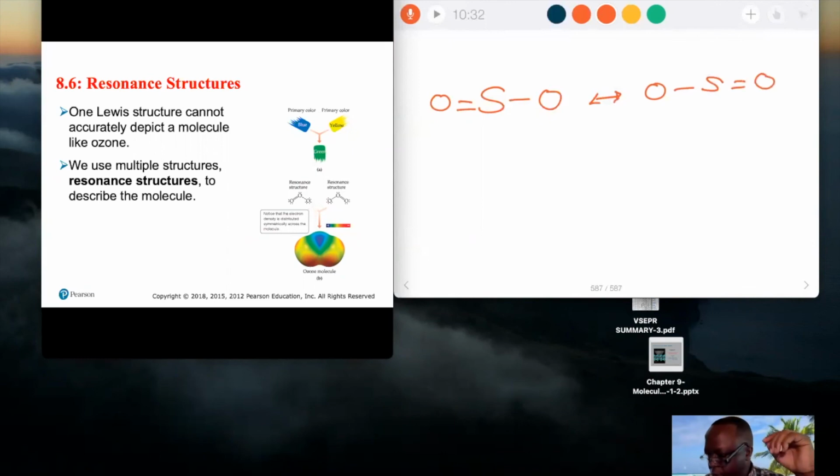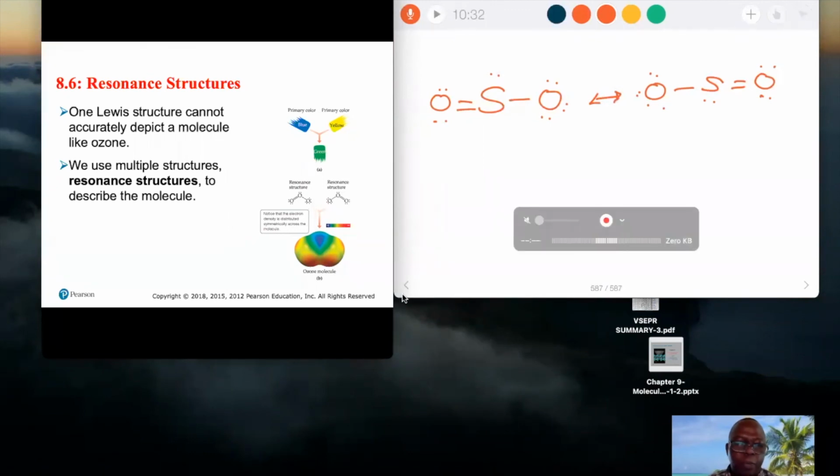And if I indicate the lone pairs of electrons, 6, 6, 6, and then 2, the double bond can be on either side. A molecule can have three Lewis structures, and we use these resonance structure arrows.